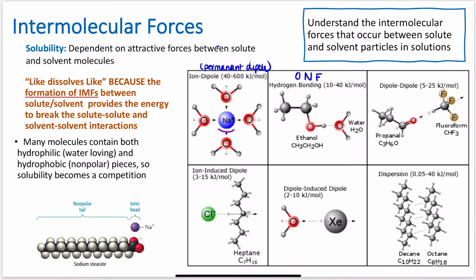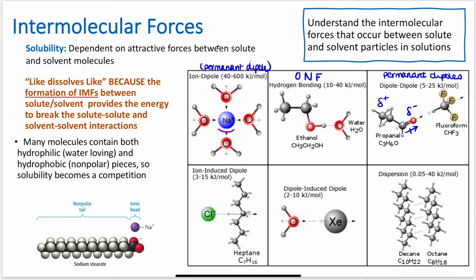We have your dipole-dipole forces. This is this concept again of like dissolves like. These are compounds that have permanent dipoles. Propanal and fluoroform, both of these are polar compounds. They both have a dipole. Propanal is dipole towards this oxygen, partial negative here, partial positive here.